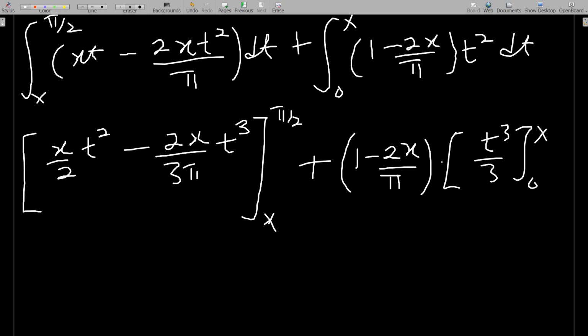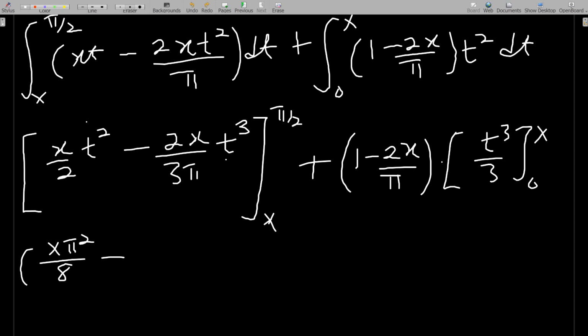Okay, so the first one, when I put pi on 2 in place of t, here I'll get pi squared over 4, because pi on 2, when I square it, I'll get pi squared over 4 times x over 2, and that will give me x pi squared over 8. Then minus, when I put pi over 2 in place of t here, I'll have pi cubed over 8, because 2 cubed is 8.